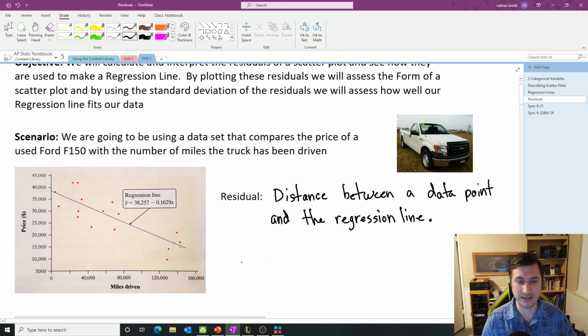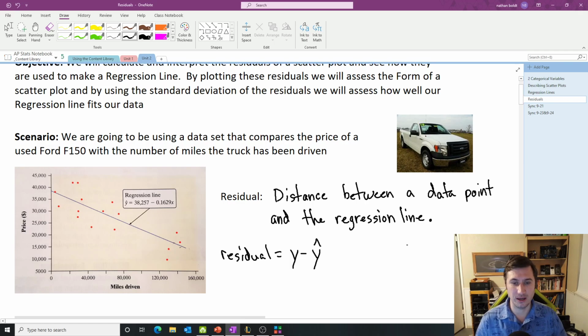So if you want to see a mathy equation for that, a residual is equal to the actual value, y, minus the predicted value, y hat. It's just a simple subtraction problem. We are finding the distance vertically from a point down to the regression line. How far away is that point from our regression line?